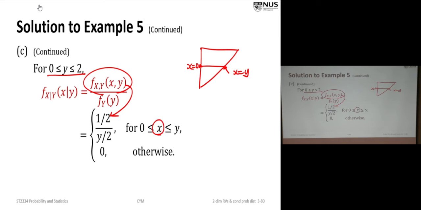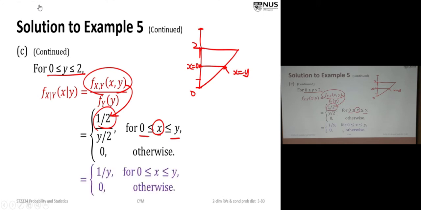So x has to be between 0 and y, so long as y is somewhere between 0 and 2. Outside it, if y is out here, then this will be 0. So divide by the marginal of y. So this is the answer.